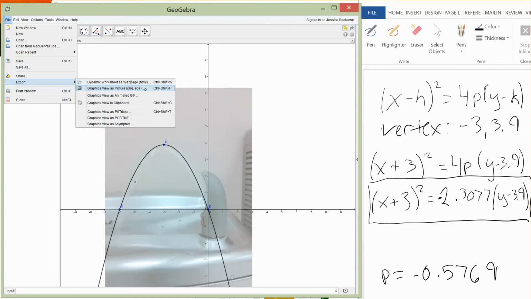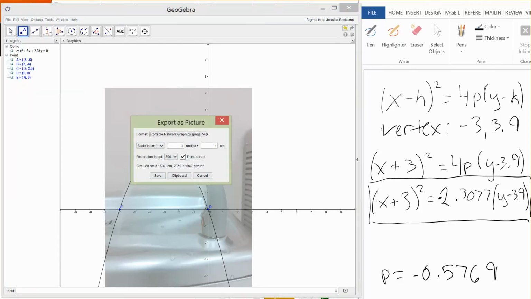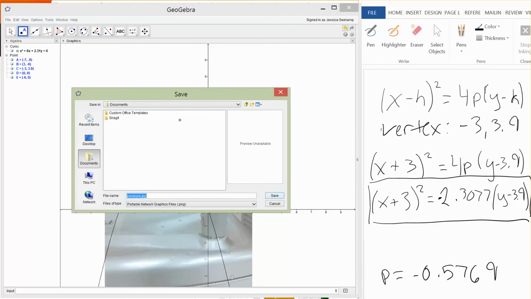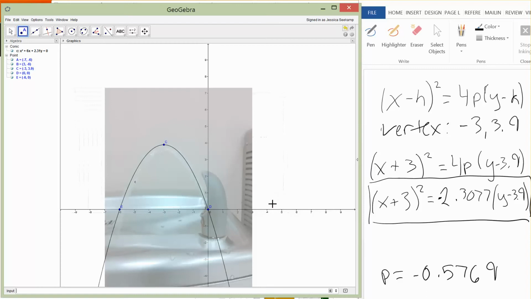And when you do that, it'll just do it as a PNG. A PNG is fine. And then say save. Okay, and it'll ask you where you want to save it. I'll just stick it on my desktop, and so I don't save over my other one, I'm going to call it Parabola 2 and save.